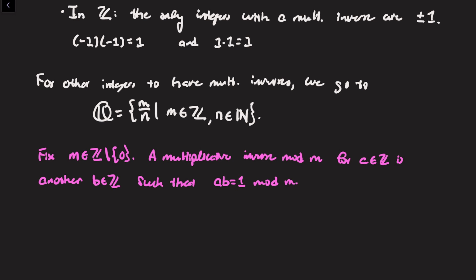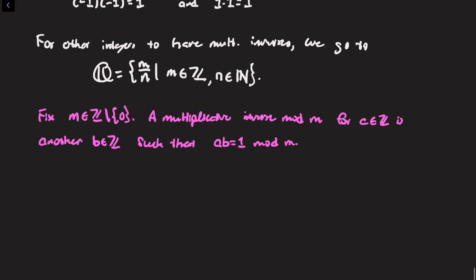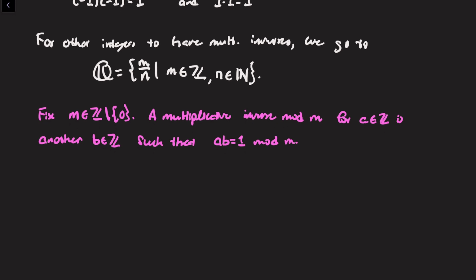So first off, I want to make clear that we're not guaranteeing that such a b exists. So mod m, maybe not every integer is invertible under multiplication. But let's give a quick example.